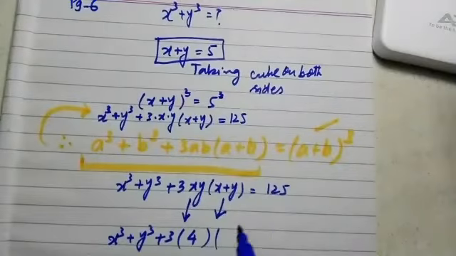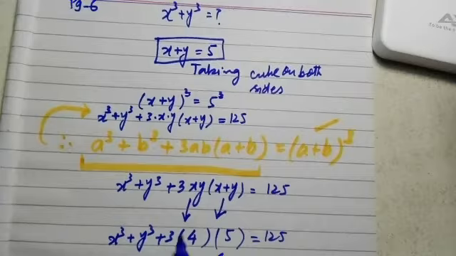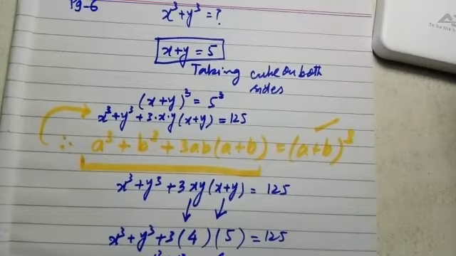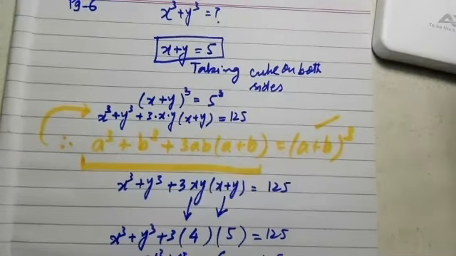So you will substitute 5 here and multiply them. 3 times 4 is 12, 12 times 5 is 60. So x cube plus y cube plus 60, and then you will shift 60 to the other side. It will become 65, and x cube plus y cube will be equal to 65.